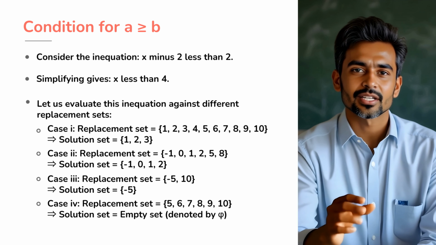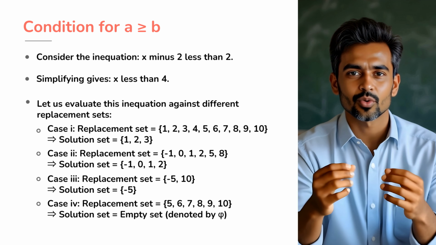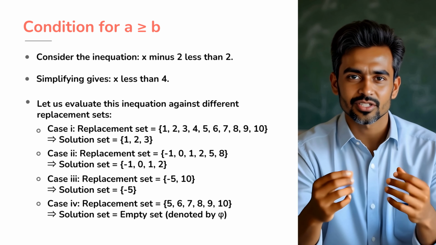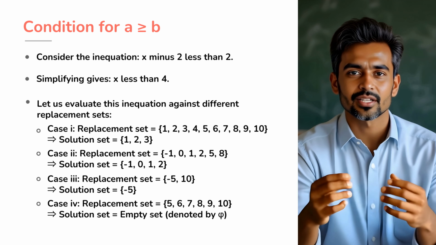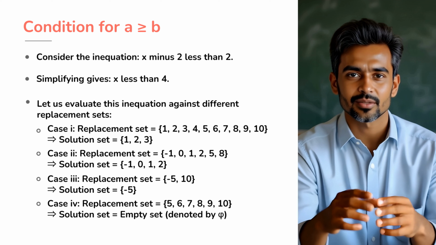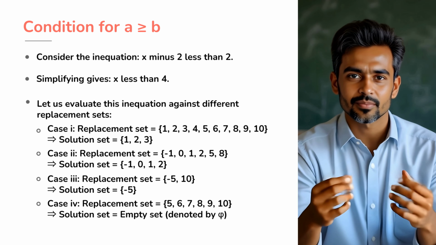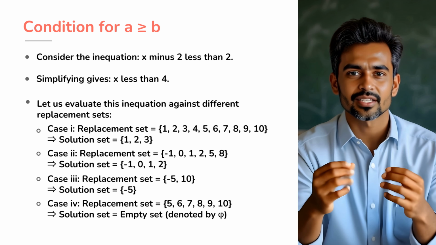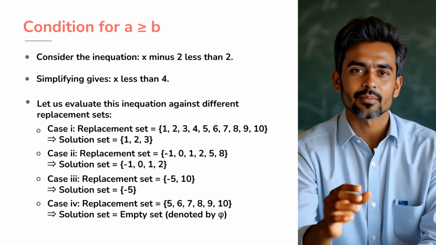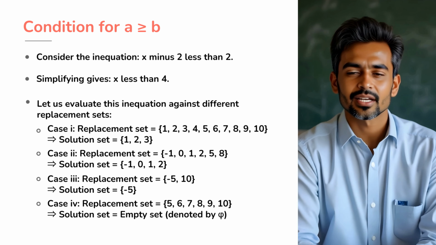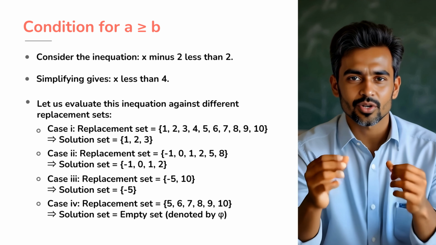Now let's discuss A is greater than or equal to B. This is written using the greater than symbol with an underline below it. It means A minus B is either positive or 0. For example, 5 is greater than or equal to negative 3 because 5 minus negative 3 equals 8, a positive number.